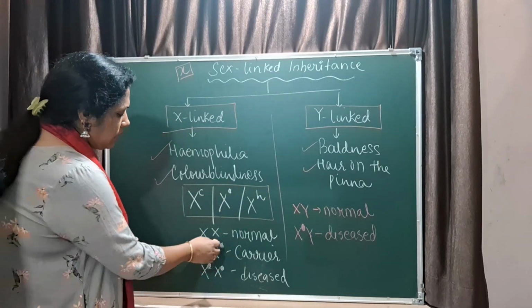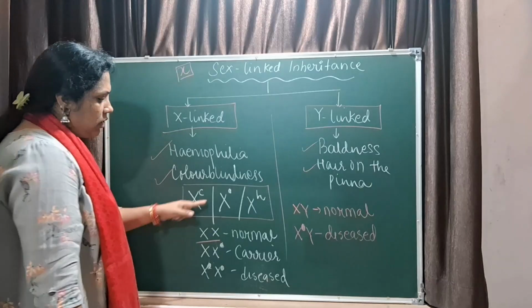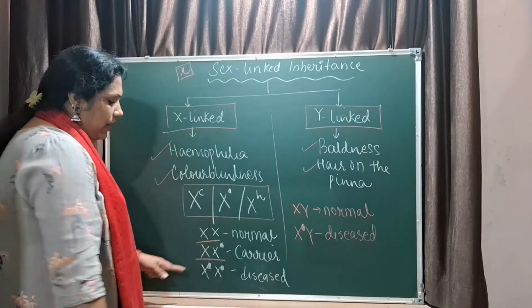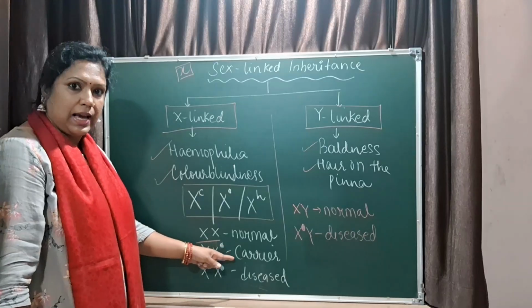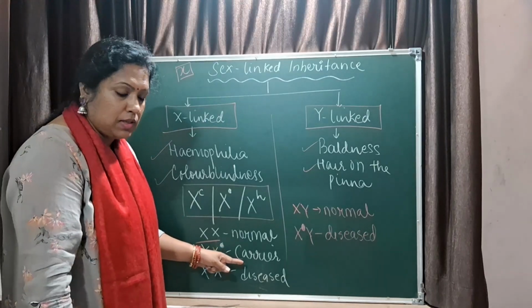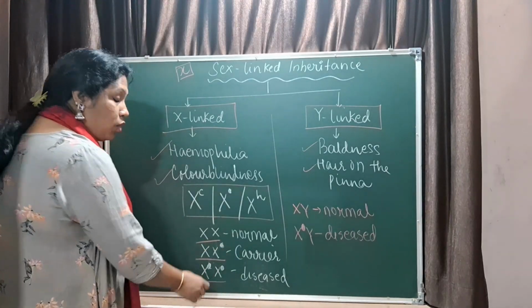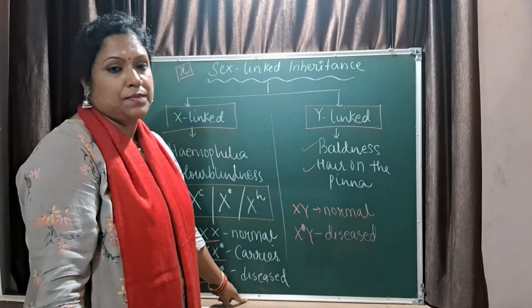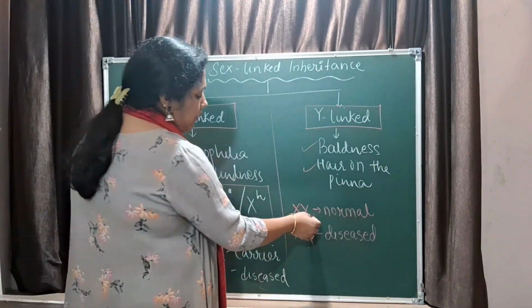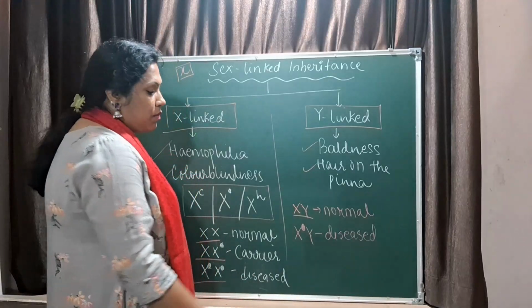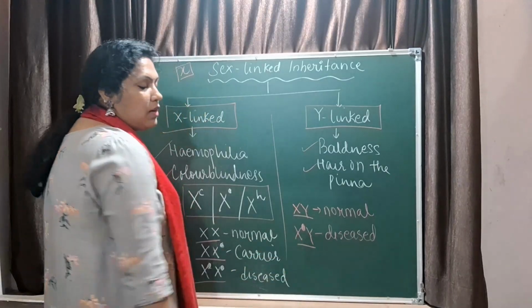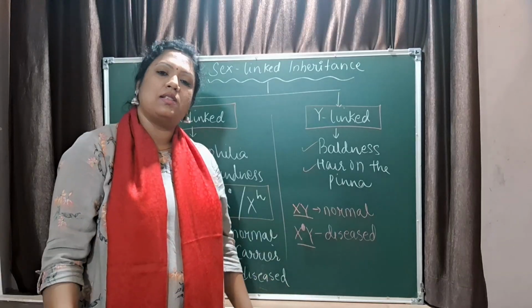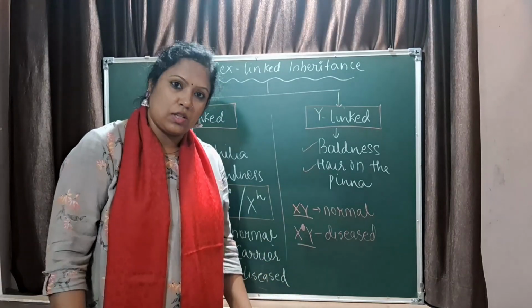In case of females, when there is no trait present, the female is considered normal. If she has one X chromosome with the defect, she is a carrier and will not suffer from the disease. Only if she has both chromosomes with the defect will she be diseased. But in males, XY is normal, and even if the X present in the male has the disorder, the male will show the disorder.